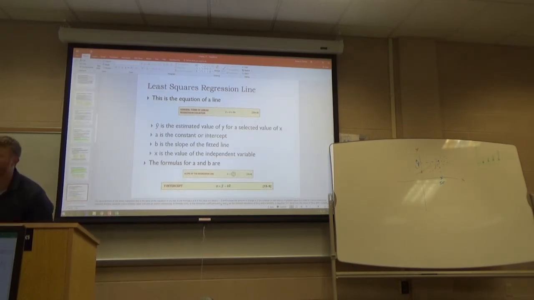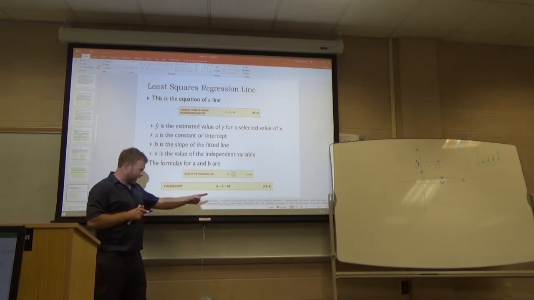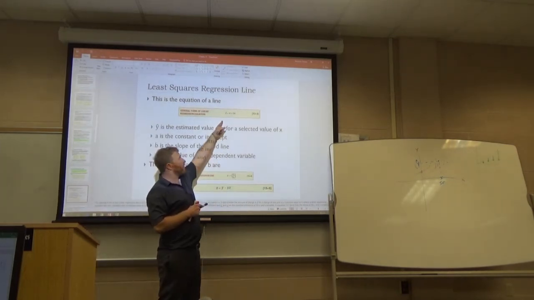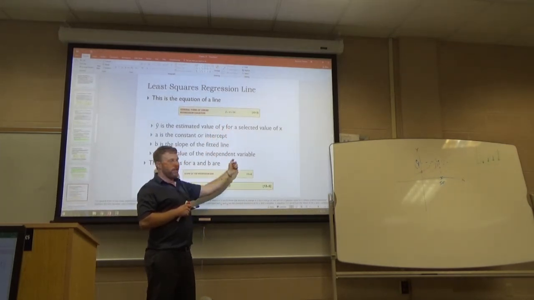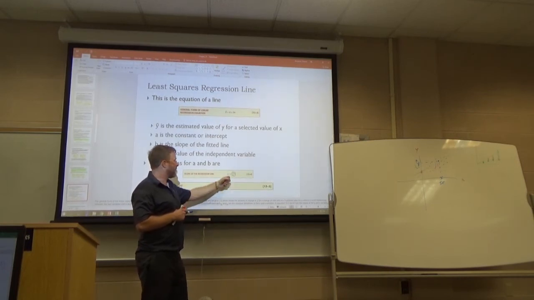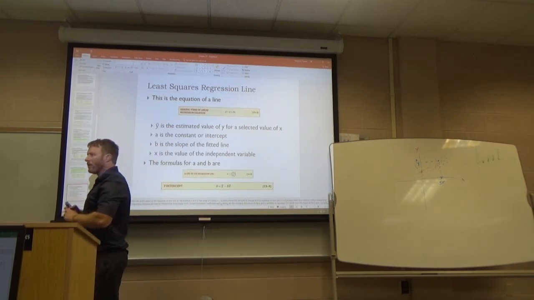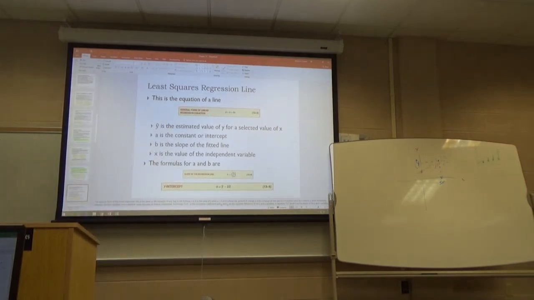Because you have to know B to get the intercept. Very good, because you got to know B to plug it into A, don't you? And to plug it into there, don't you? So you can't solve without that, but you can't solve that without that, huh? So that one, and then that one. That's our order, okay? Slope, intercept, and then plug it all in. We good? All right.